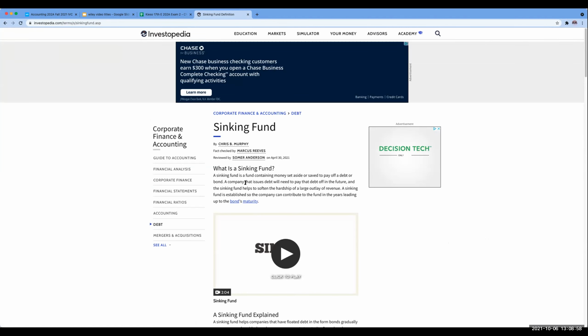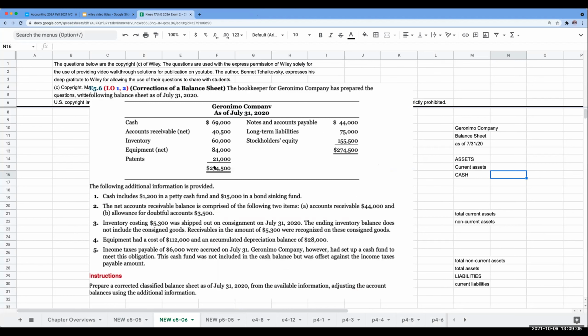A company that issues debt will need to pay that debt off in the future, and the sinking fund helps to soften the hardship. So a sinking fund is cash, but we're going to list this here as a non-current asset. Why are we listing it as a non-current asset? It's because it's being set aside to satisfy that obligation.